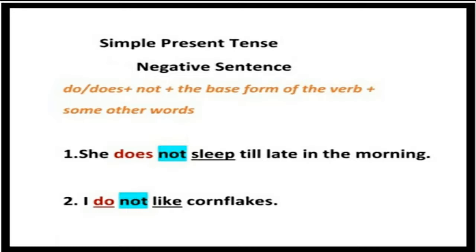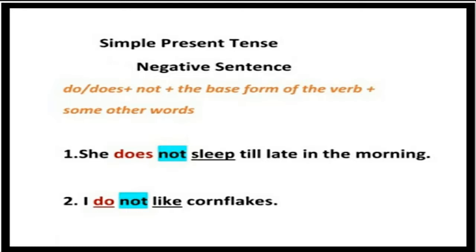She does not sleep till late in the morning. I do not like cornflakes. She is your subject in the first sentence. Does is the auxiliary verb. Not used here is in negation. Sleep is simple present tense, and the other words are followed by a mark of full stop.